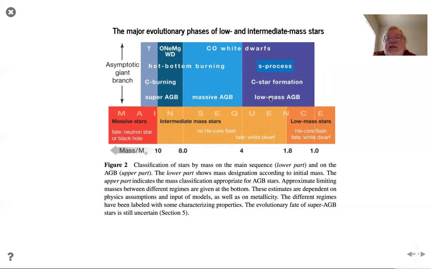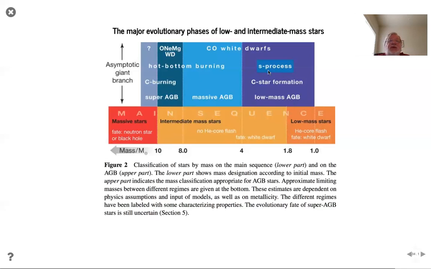Low mass stars during the asymptotic giant branch evolution are important because they are known to be a source of s-process nucleosynthesis, of s-process nuclei. S-process nucleosynthesis can also occur in massive stars, but the main s-process occurs in low mass AGB stars.